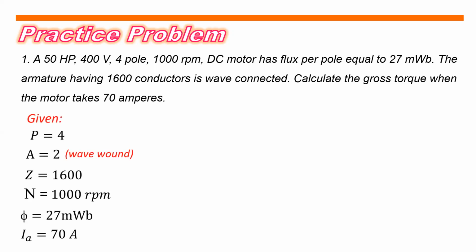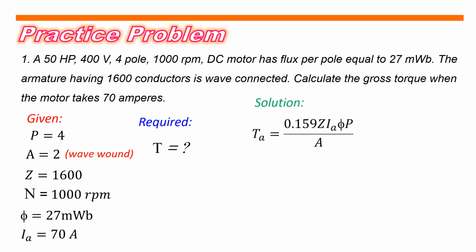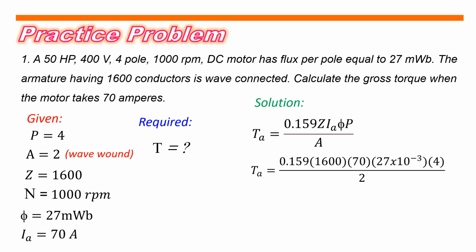From the given problem, the number of poles is equal to 4, A is equal to 2, the number of conductors is 1,600, the rotation speed is equal to 1,000 RPM, the flux per pole is 27 milliweber, and the armature current is equal to 70 ampere. We are asked to solve for the gross torque. So substituting all the given values to our equation, the armature torque will be 962 Newton meter.